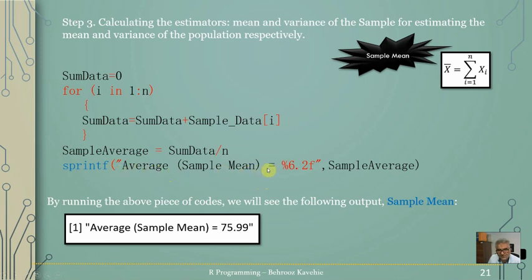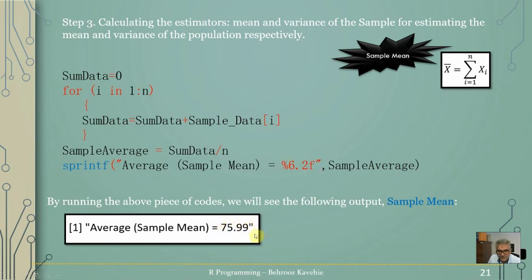This phrase is going to be shown as our output. And show me the sample average in front of it. By running this command, we will see the phrase and a number in front of it. With this format, I have commanded it to show me a number with six integer digits and 2 decimal digits.